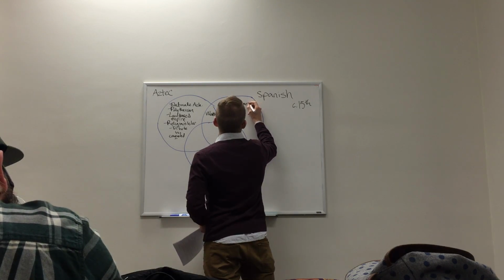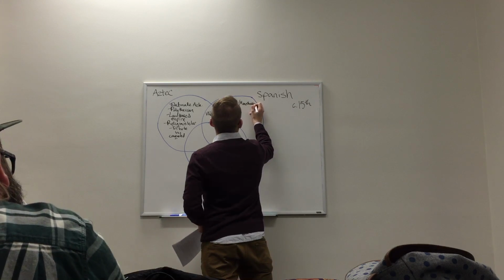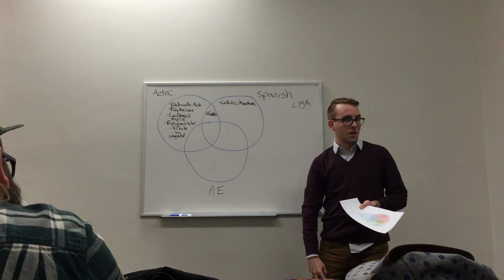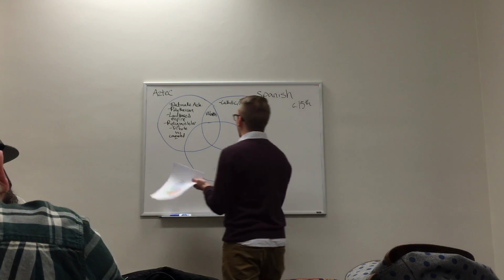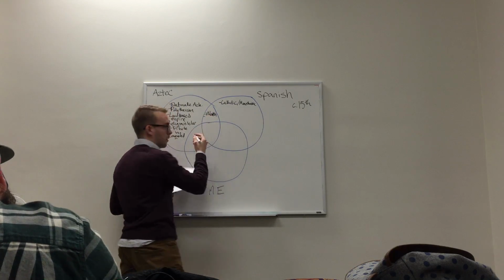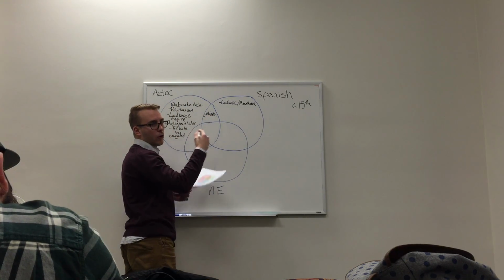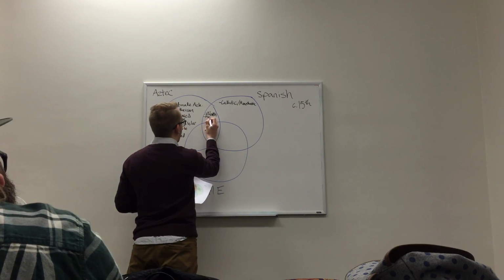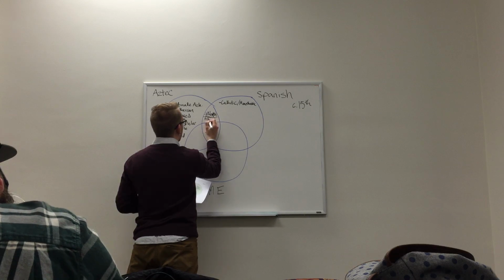So going back to that word theistic, and then mono meaning one. Okay, anything else? They had monarchy. Monarchy, I like that. So I'm going to put that under a shared category here, because there's a system of hierarchy and royalty in the Aztec society as well, so that's a really good one. So I'm going to put monarchy slash hierarchy.